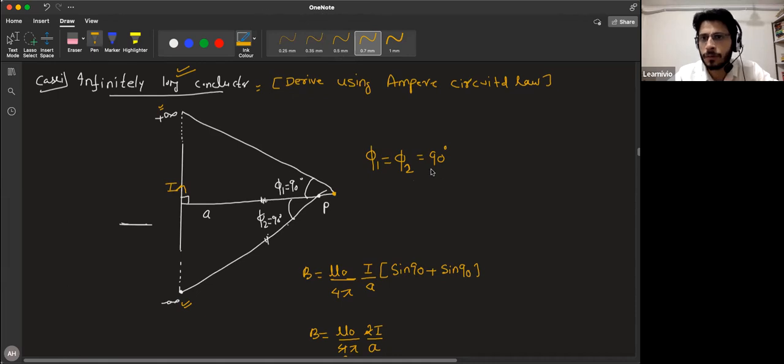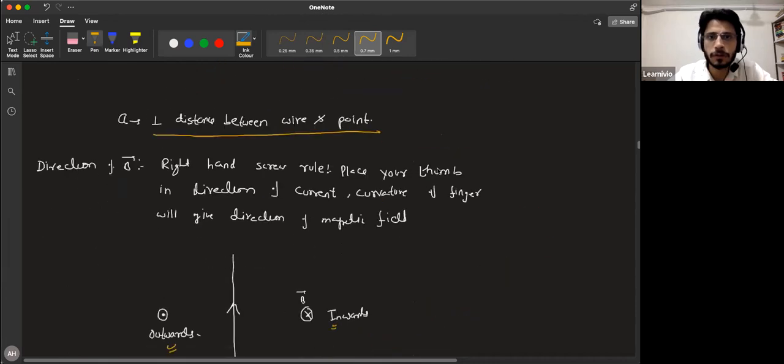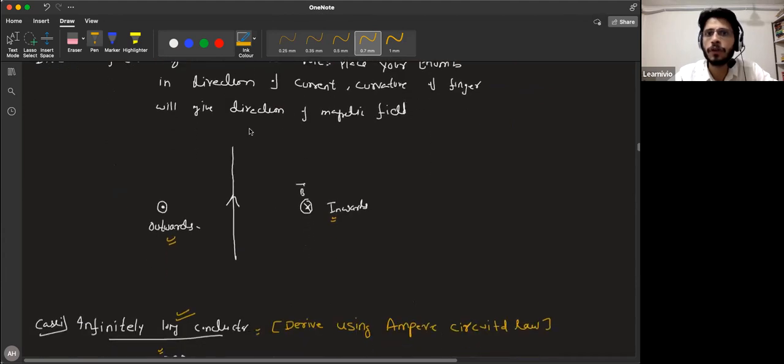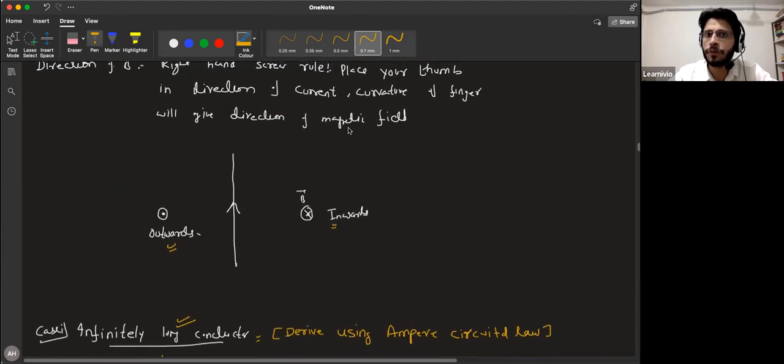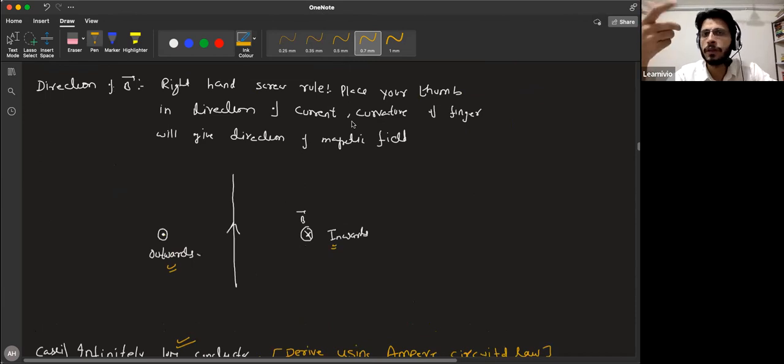You just scroll up a little bit. Yes. Place your thumb in the direction of current. The curvature of the fingers will give the direction of the magnetic field. So the same thing that we discussed in Biot-Savart also. You can call it the right hand thumb rule or the right hand screw rule, the same thing.